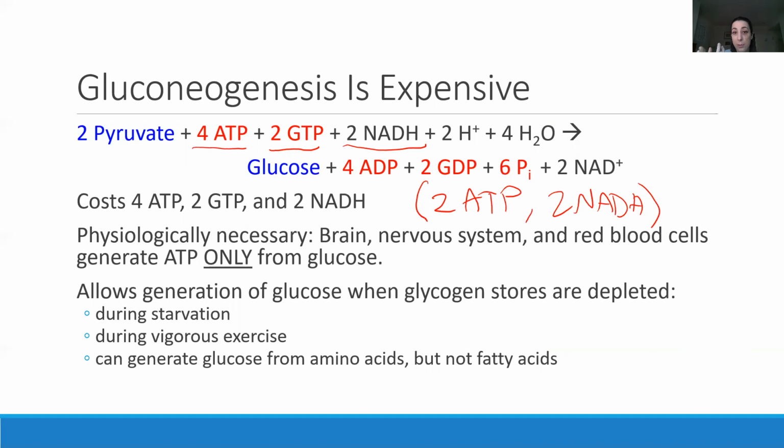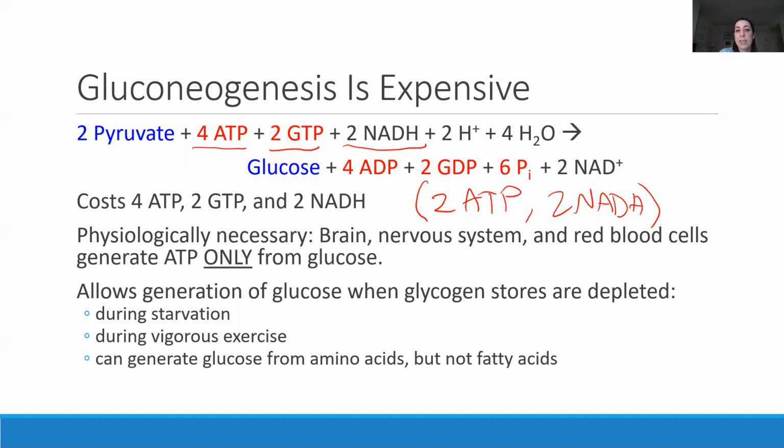Glucose is a reserve of energy, so it makes sense that to take something that is not as energetically favorable, a small pyruvate, and try to convert it back into glucose, which is an energy reserve, is very expensive. So gluconeogenesis is only really done when it is physiologically necessary in humans.